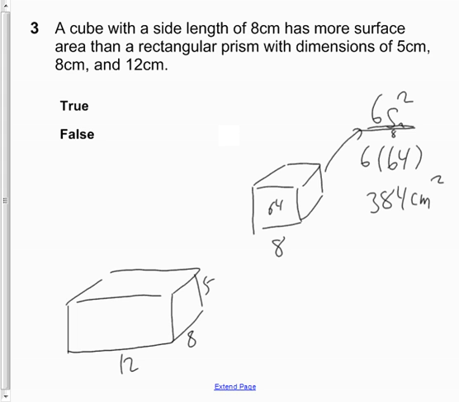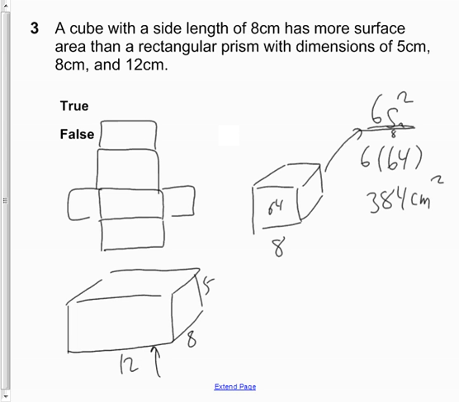Over here, we could use a formula, but instead I'm just going to draw a net. All 6 faces here. This is the bottom, and the bottom is 12 by 8, which makes the bottom 96, and also the top, which would also be 12 by 8, 96. The right here is 8 by 5, which is 40, and the other side is 40 as well. And the only other face we have to consider is the front, which is 12 by 5.